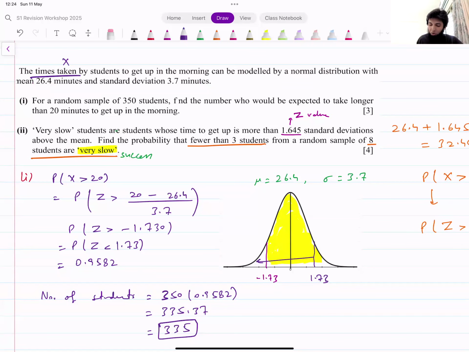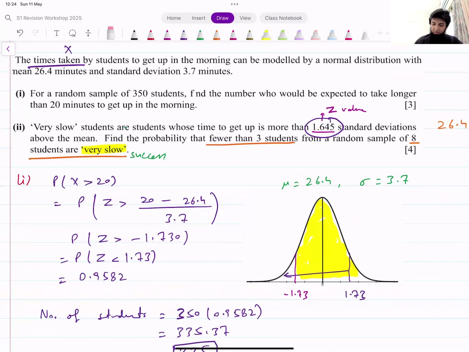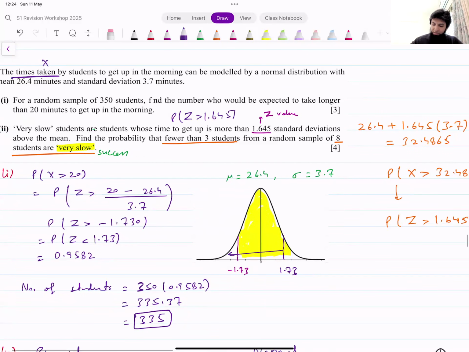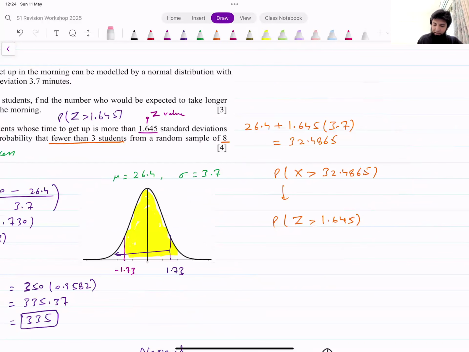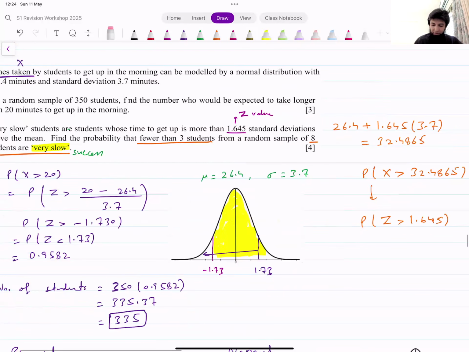You could say more than 1.645 above the mean. That's the same thing as saying probability of Z is greater than 1.645 directly. You do not even have to do this calculation. You can directly write Z greater than 1.645, and then you find that probability. You see what that turns out to be.